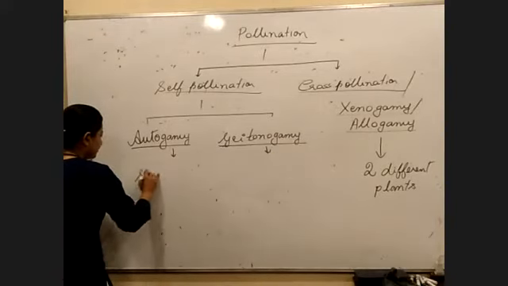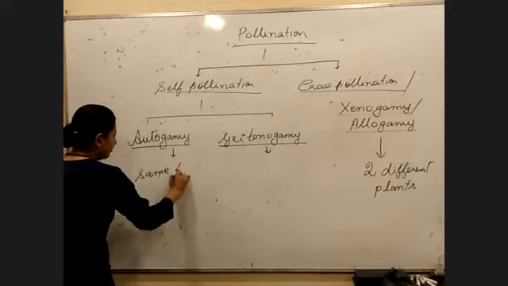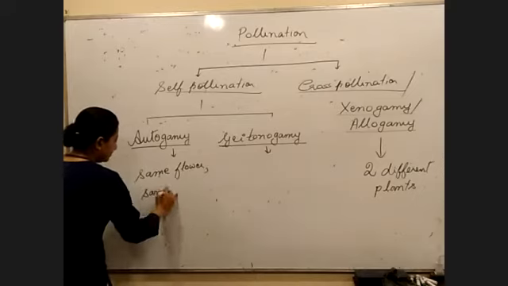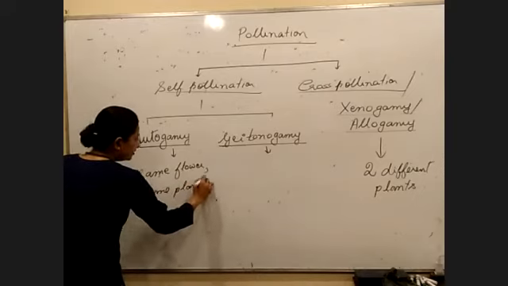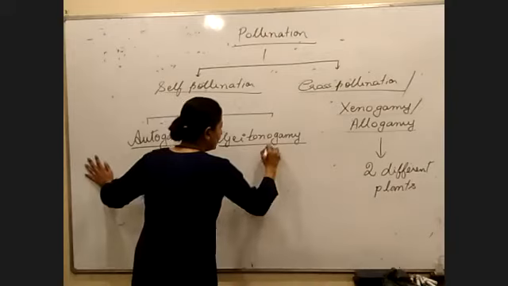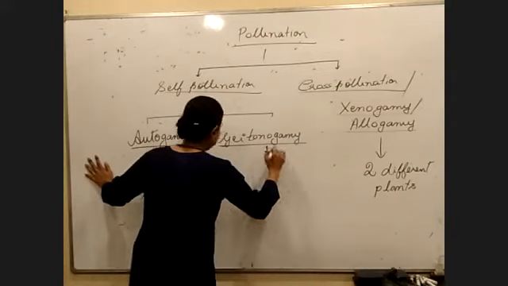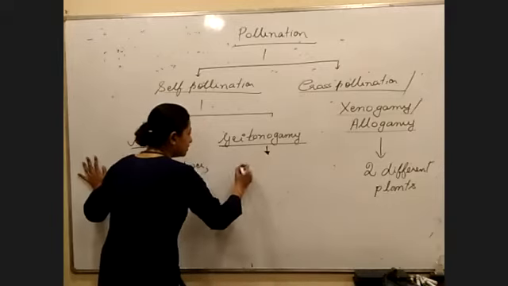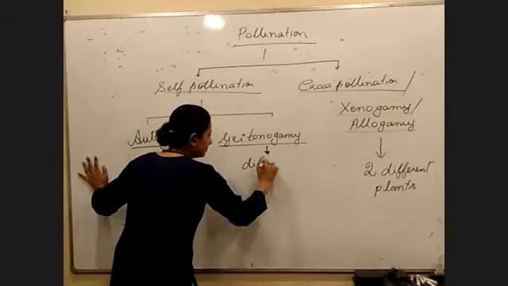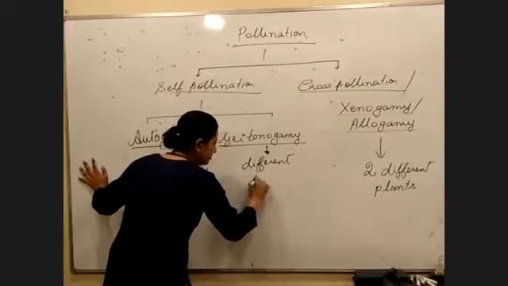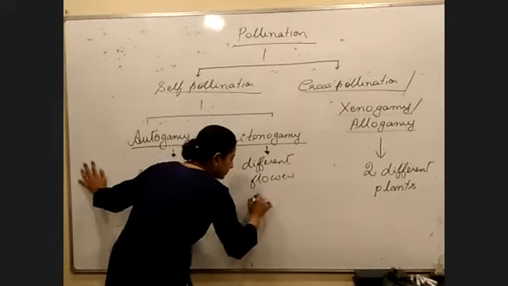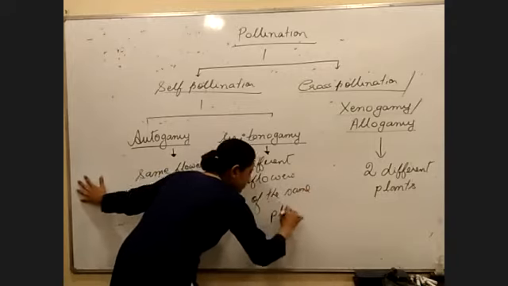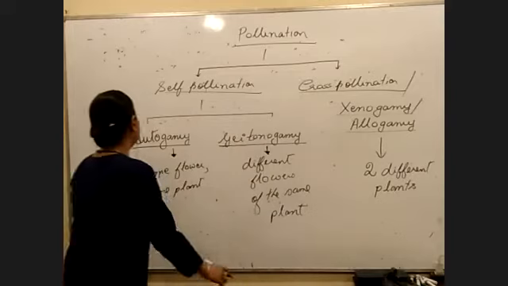autogamy is pollination within the same flower, same plant. I'm writing it in a very short form, okay? And if you're talking about metagamy, then it is also a type of self-pollination where pollination occurs between different flowers of the same plant.